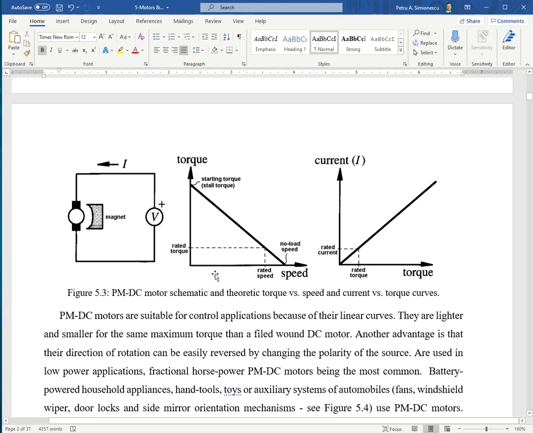Also listed here is the rated torque and the rated speed, and rated torque and rated current, which are pretty small compared with the maximum torque that the motor can produce. This is the stall torque when the speed is 0, something that those of you that have used battery power tools like hand drills to drive wood screws, for example, may know.